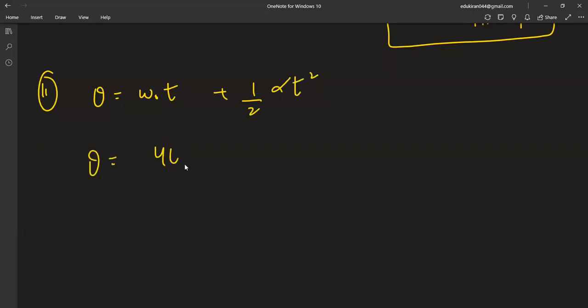Theta will be 40 pi, time was 16, plus half, acceleration was 4 pi and time was 16 square. So 2, this will cancel. 256 from here, we have 4.